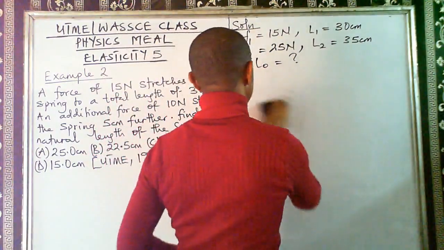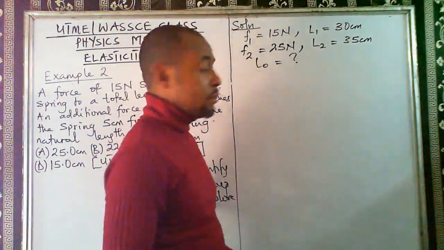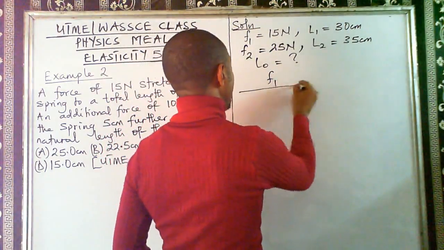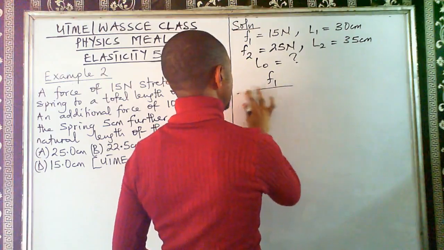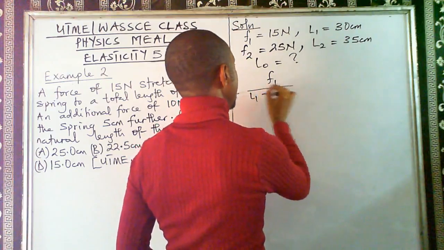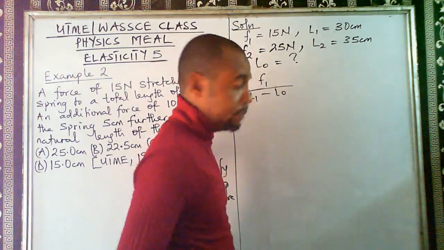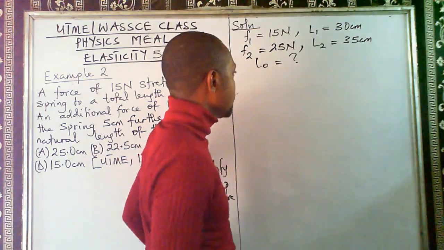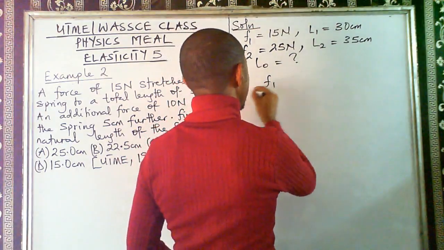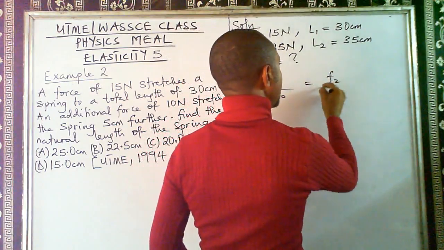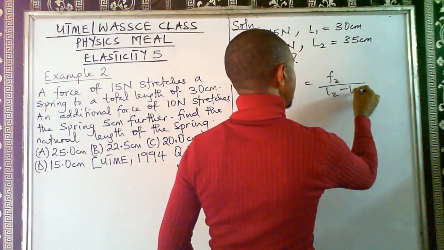So we move. Now we're using F1 over L1 minus L0 equals F2 divided by L2 minus L0.